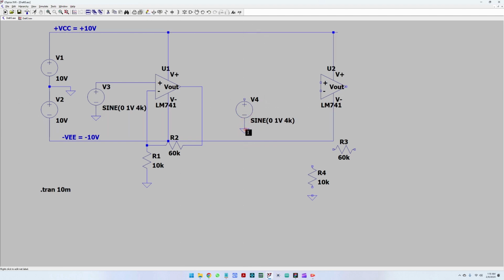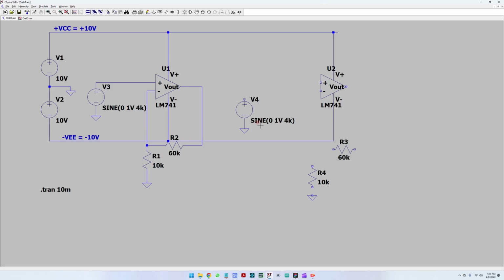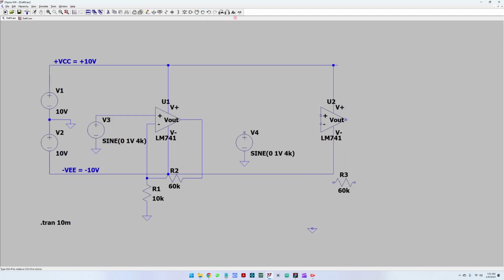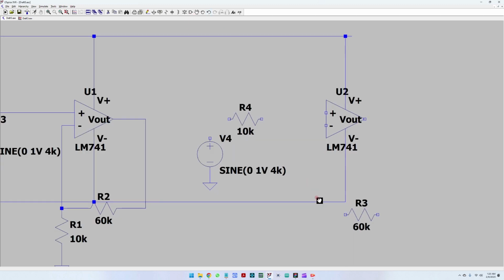Okay, so this is our signal input, and let us again remember the structure for the amplifier. So for the inverting amplifier, we need an input resistor and a feedback resistor. Great. So let's take one of the resistors, like the 10 kilo ohm resistor, place it here, rotate it so that it's in series here, and we would need also a feedback resistor, which is placed here.